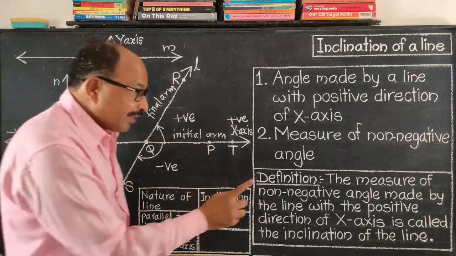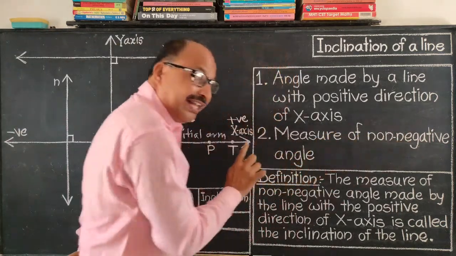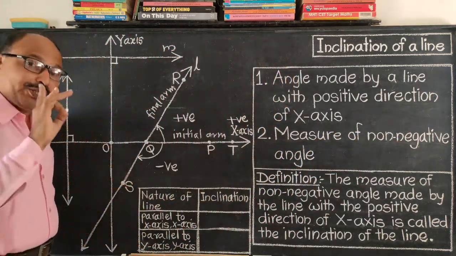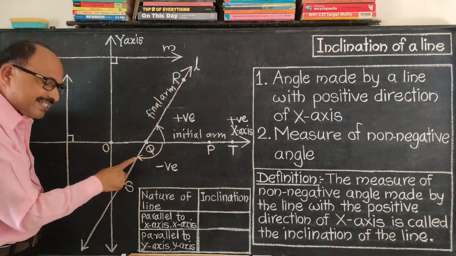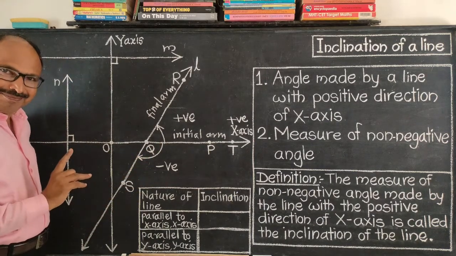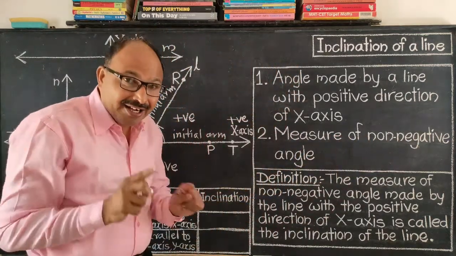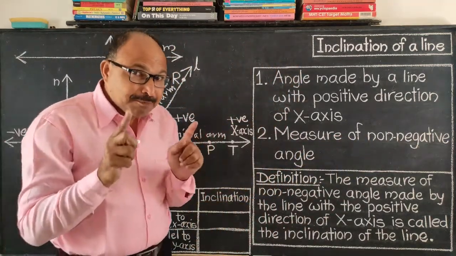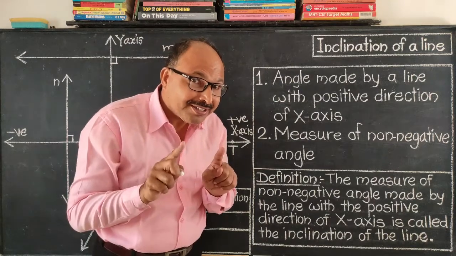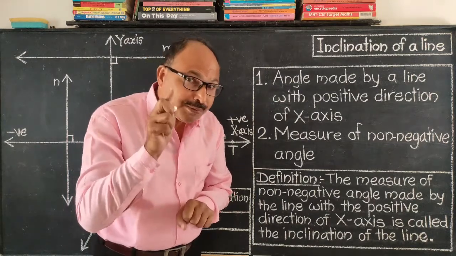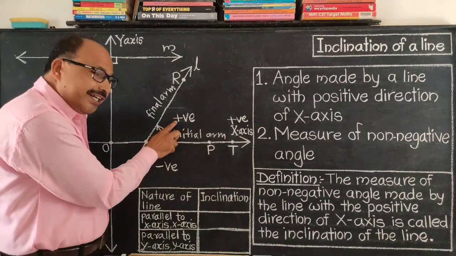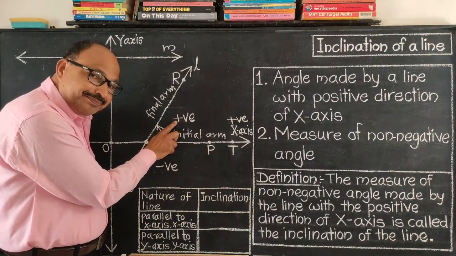We need non-negative angle, that means don't consider this negative angle. Non-negative angle means angle is either positive or zero. Out of these two, we get positive angle.